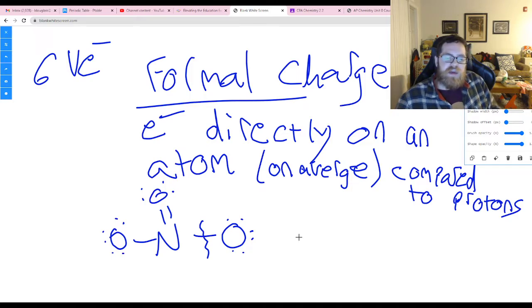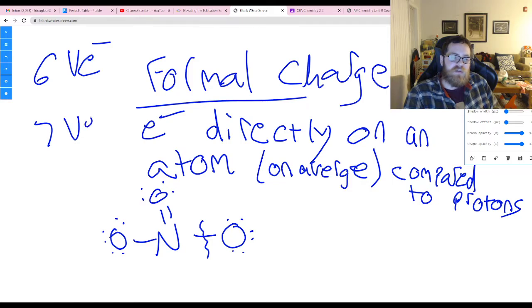So we can count 1, 2, 3, 4, 5, 6, 7 electrons, giving oxygen 1 of the electrons from the bond, because you would think on average it will have 1 at any given moment. With 7 valence electrons instead of 6, we're left with a 1- formal charge, which means it's the same over here, since this is the same oxygen.